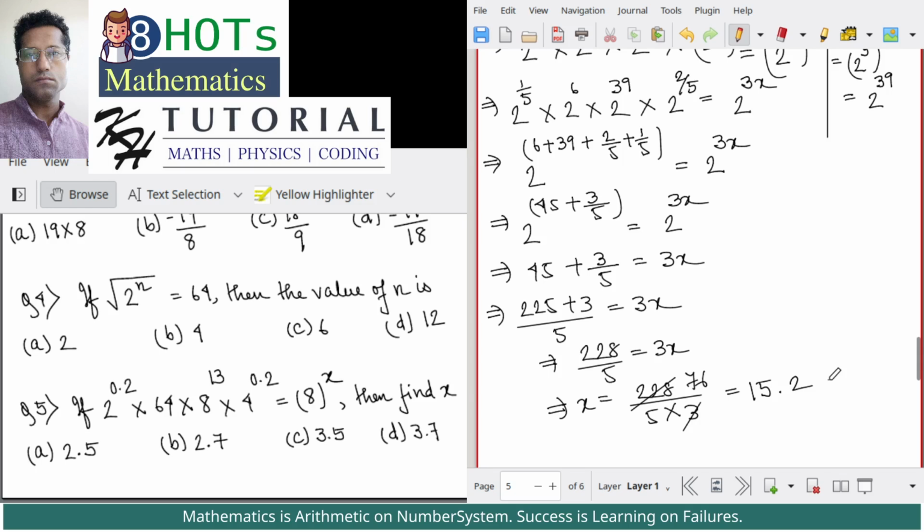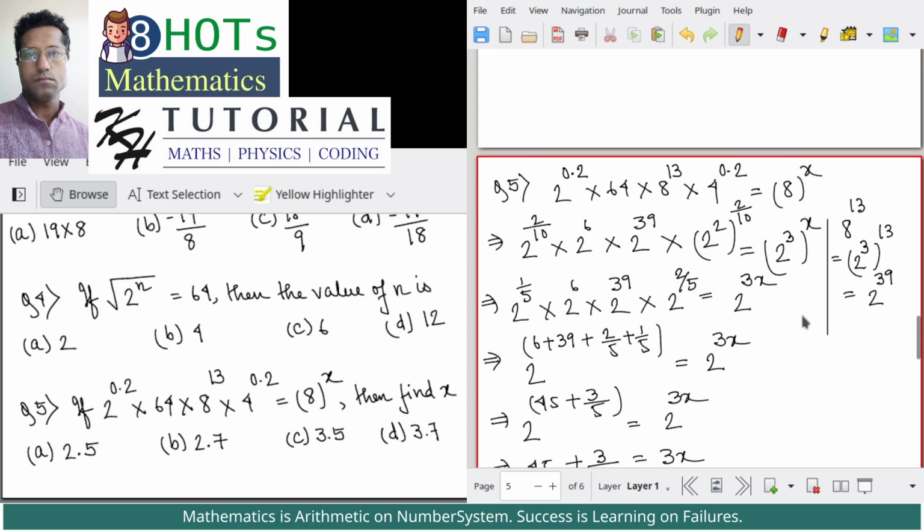Let me quickly check. So it is 2 to the power 0.2. Oh, sorry, this is 8 to the power, not 13, but 1.3.